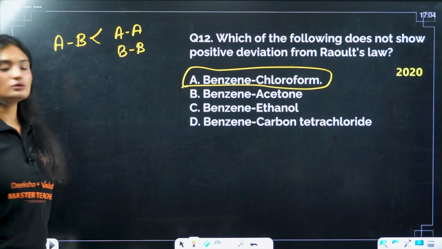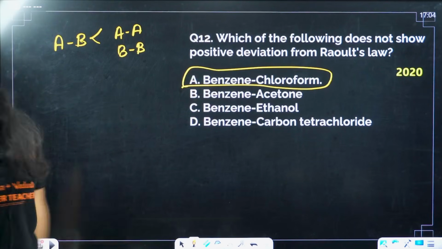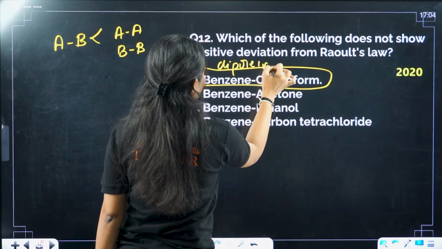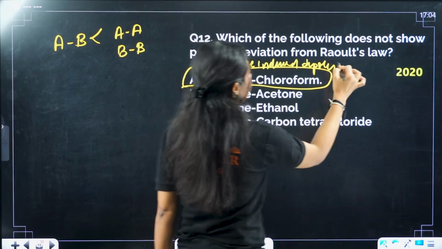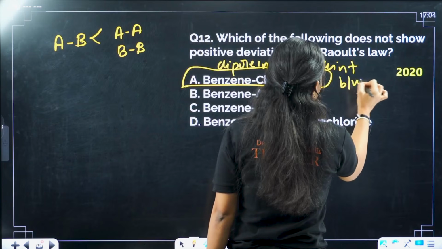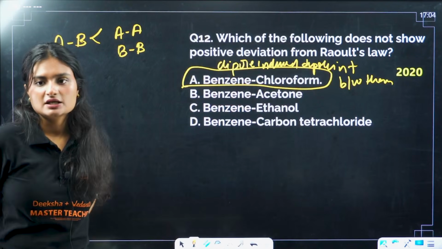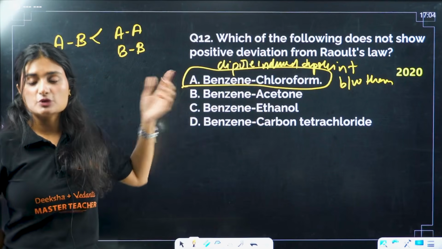Because of the pi electron cloud of benzene, there are dipole-induced dipole interactions between them. Benzene and acetone: one is polar, one is non-polar, so obviously it will show positive deviation.